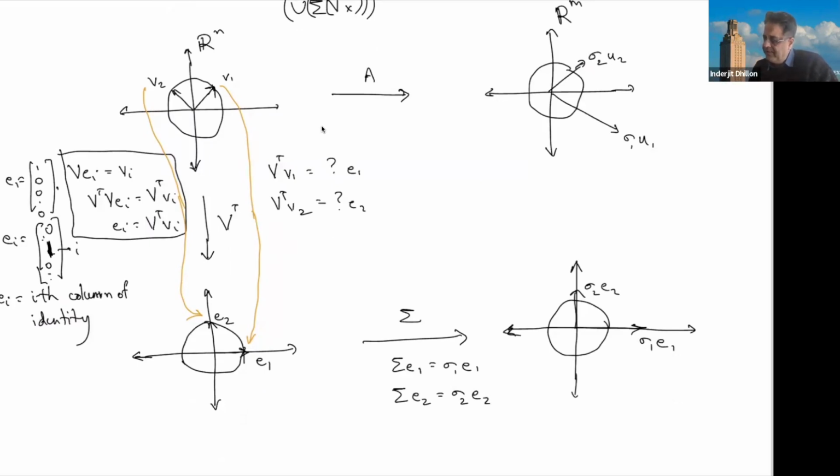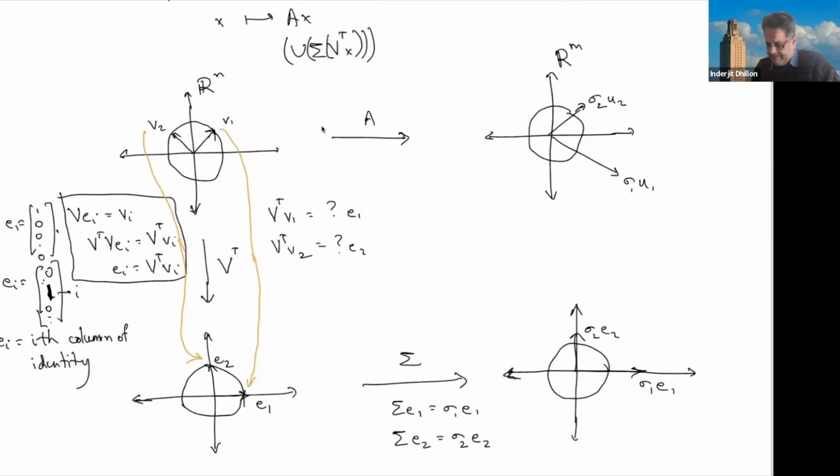And then finally, we have the third part, which is U, and this is the action of U. Okay, and remember that U times Ei, what is that? It's just picking up the ith column of the matrix U. So it's just Ui.